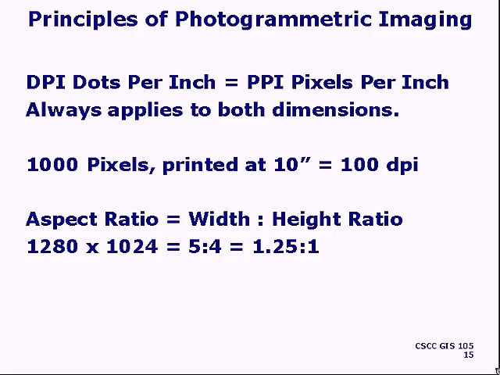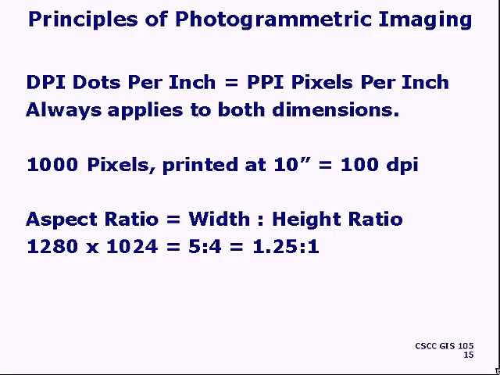Okay, we'll go back to that image that is 2,000 pixels wide. Now internally there may be a tag that says that image was scanned at 1,000 DPI. So we've got this 2,000 pixel wide image and the file says it's a 2,000 DPI image.